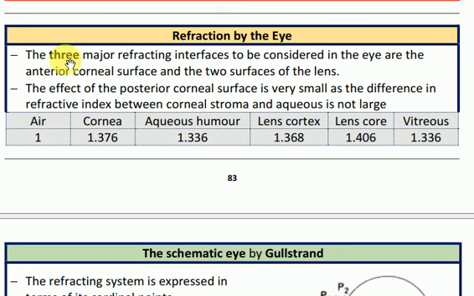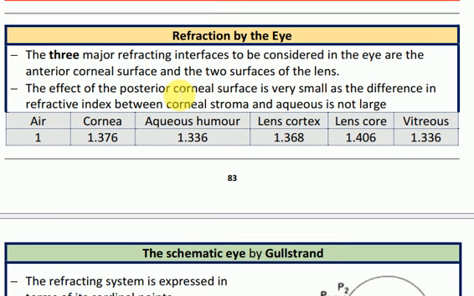There are three major refracting interfaces to be considered in the eye: the anterior corneal surface and the two surfaces of the lens. The effect of the posterior corneal surface is very small compared with these three, as the difference in refractive index between the corneal stroma and the aqueous is not large.